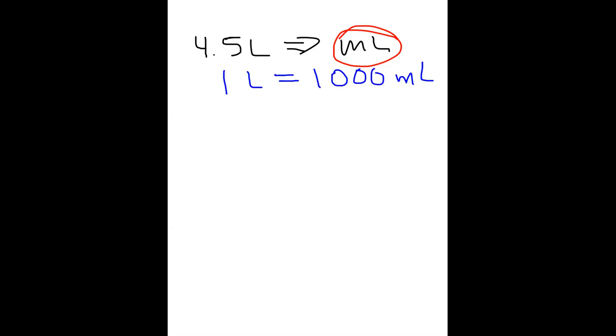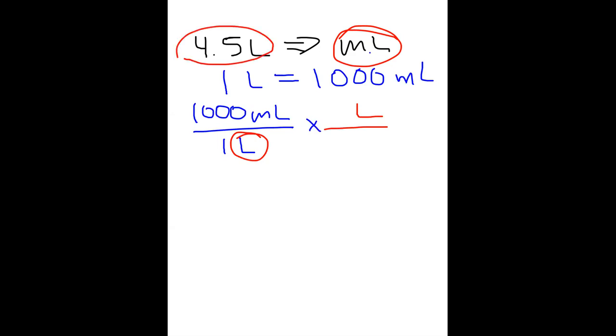So we want milliliters, so that's what I'm going to put on top, milliliters. 1,000 milliliters is equal to 1 liter, so 1,000 over 1. And then we want to get rid of the liters, right? So that's the unit I'm going to put on the bottom, and that's the unit we have here.